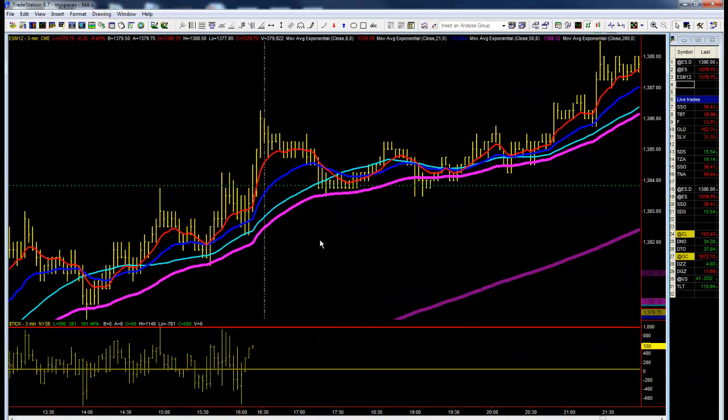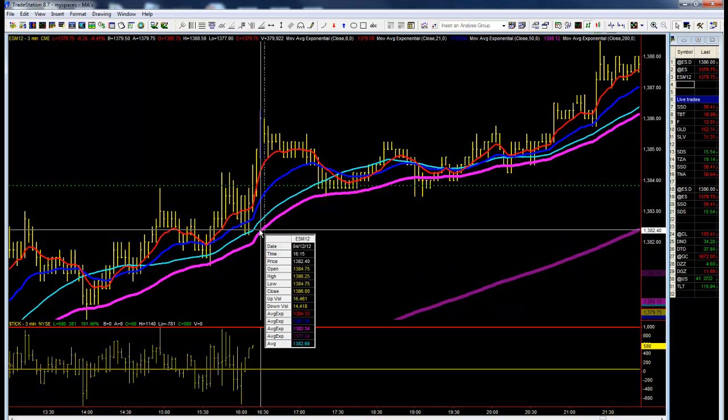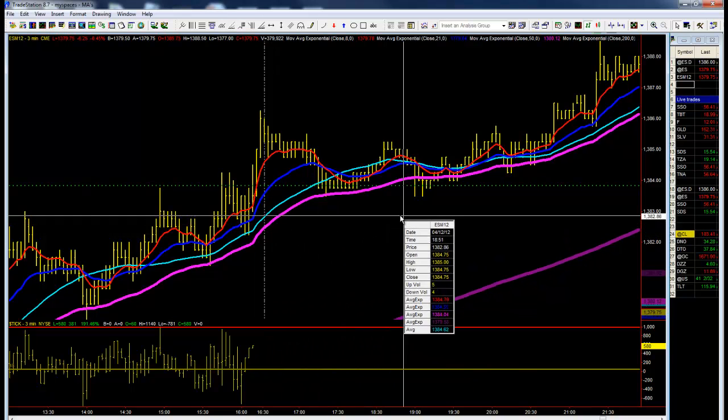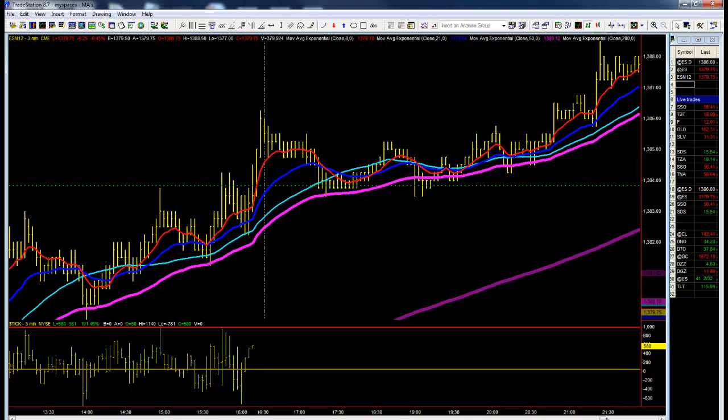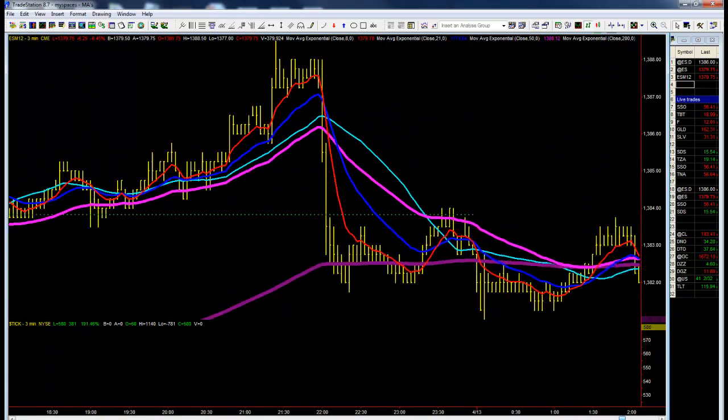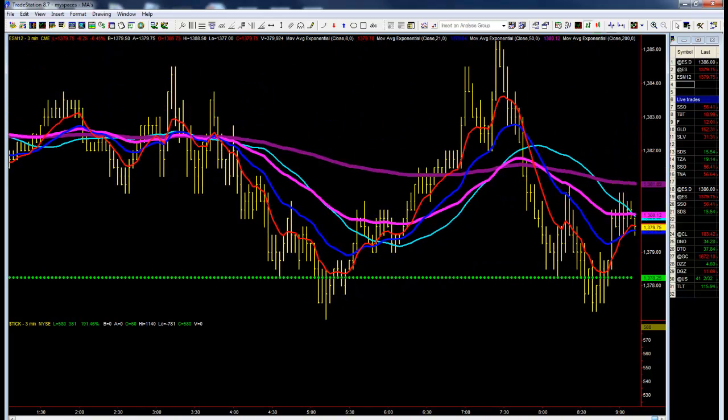Let's take it to the overnight chart. This is the overnight chart, where it closed at 4:15. Look at this right here. That was the high last night, 1388.5. So your profit objective was hit overnight. This is the entire night session. It's traded down off that level.